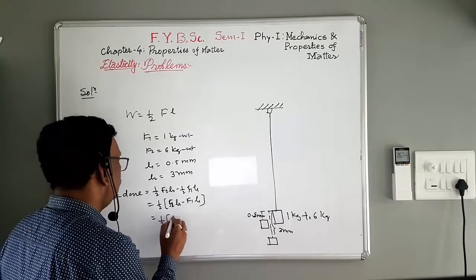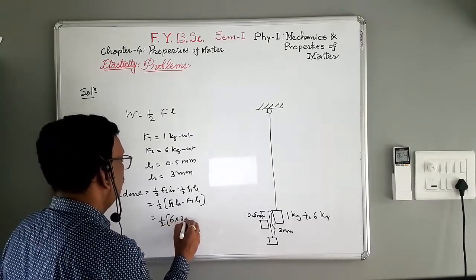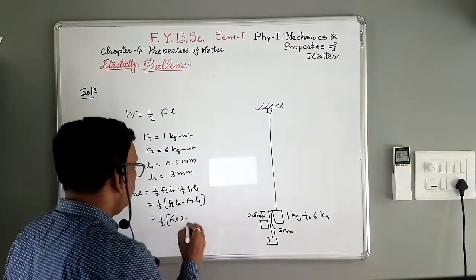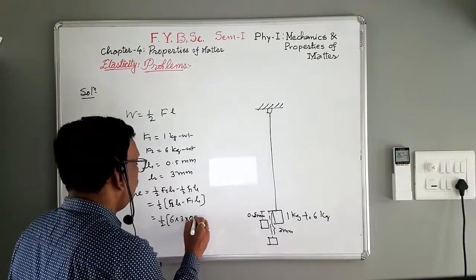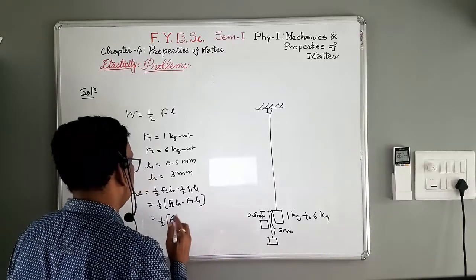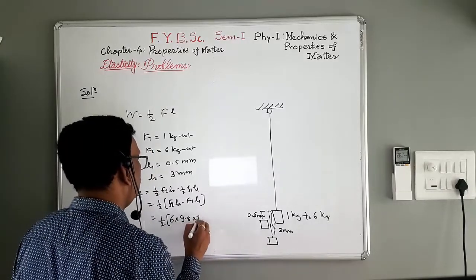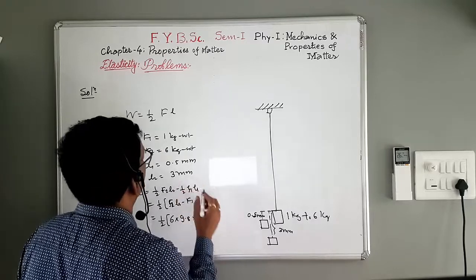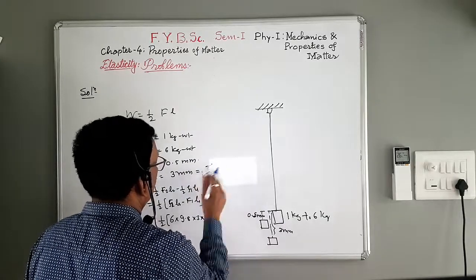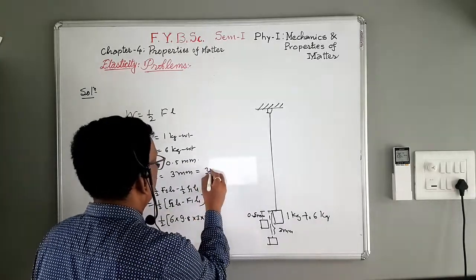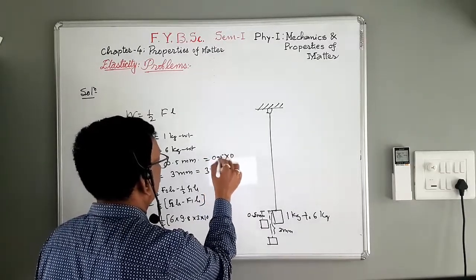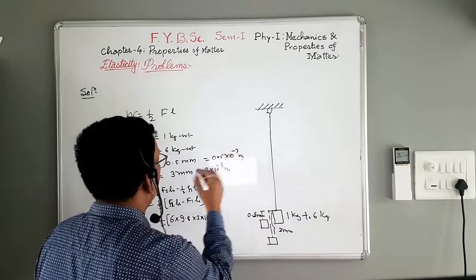F2 is 6, L2 is 3, but in weight, so we have to multiply it by 9.8, 9.8 into 3 into 10 raised to minus 3 meter. Here 0.5 into 10 raised to minus 3 meter.